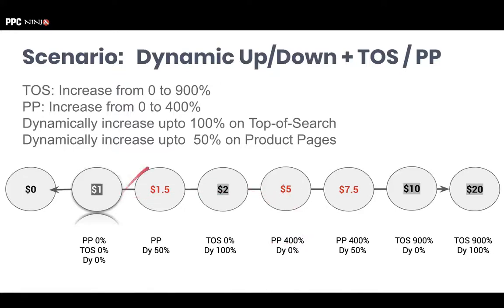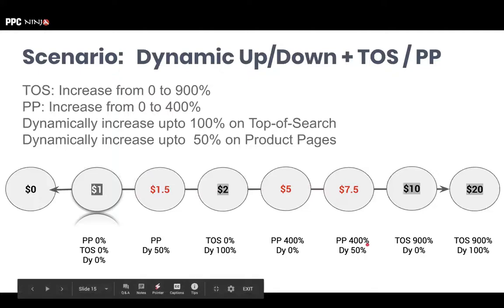So $1 becomes $5. In the next scenario, where they are using the 400 and also the dynamic 50%, which is the max here, the $1 bid becomes $5 first, and then a 50% increase is added to that. So that's $2.5, so a total of $7.5.